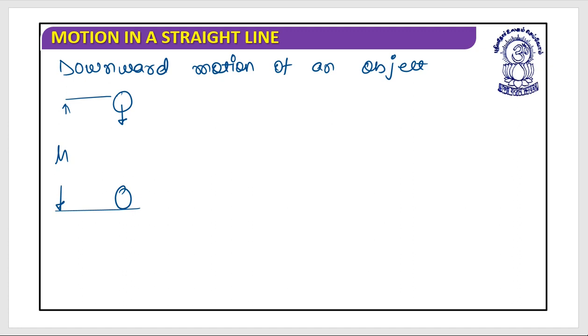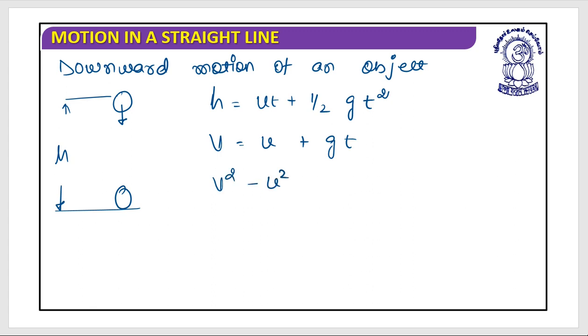So I have the relations h is equal to ut plus half gt square, v is equal to u plus gt, v square minus u square is equal to 2gh, as well as h in the nth second is equal to u plus g by 2 into bracket 2n minus 1.